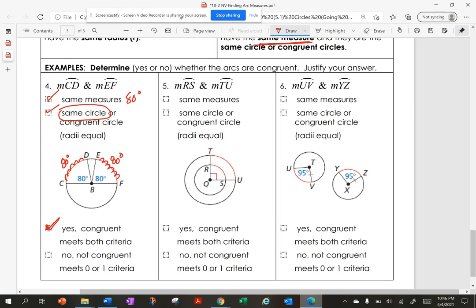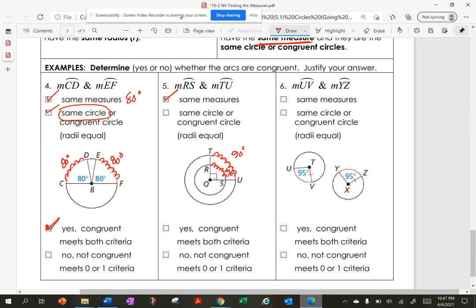Okay, let's check arc RS and the measure of arc TU. These are the two I'm comparing. Are they the same measures? These are both 90 degrees, and I know that because they're equal to the central angle, so they have the same measures.